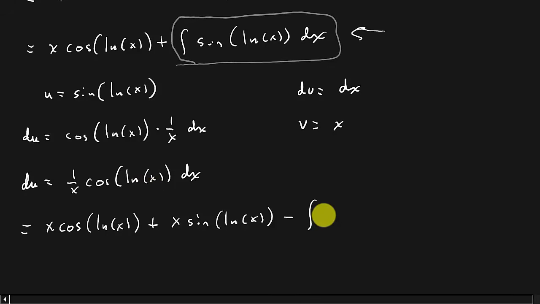So that's going to be x times 1 over x cosine natural log x dx.